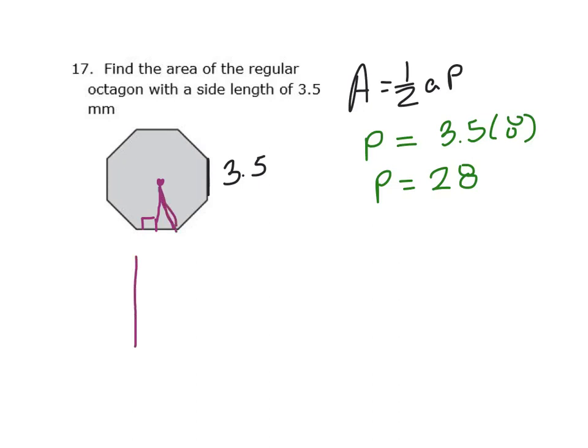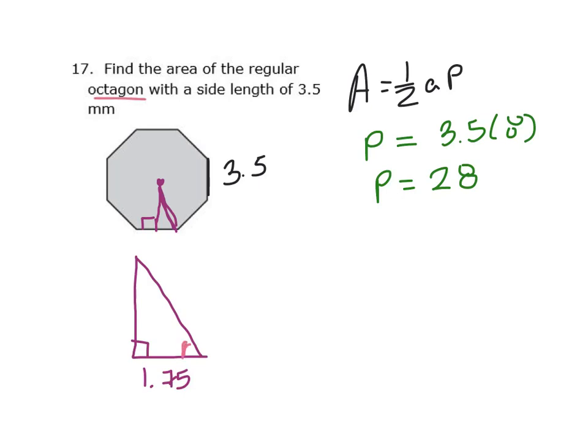So 3.5 divided by 2 is going to give us our side length here. And we're going to use either trig or special rights. We have to find out the measure of this angle.